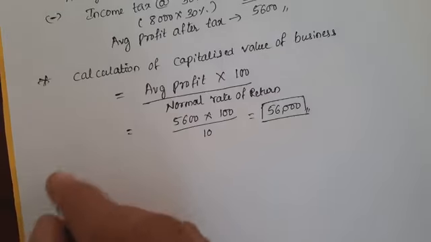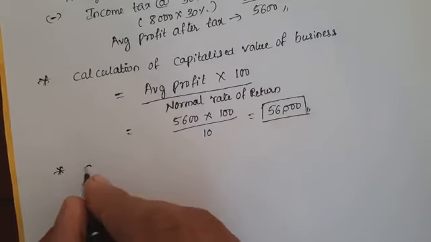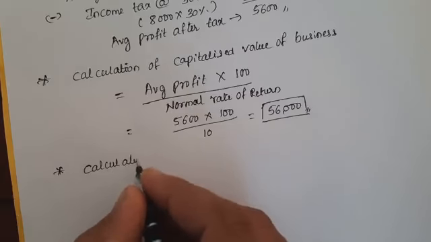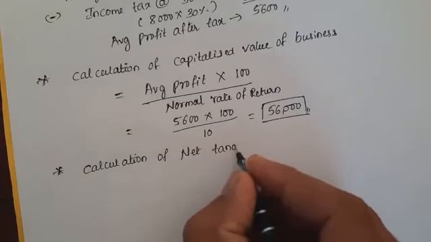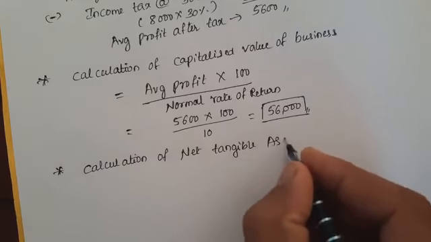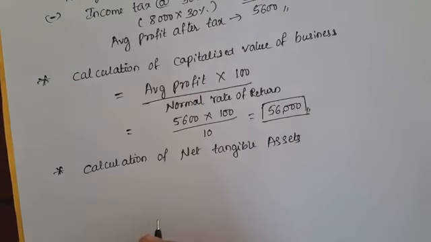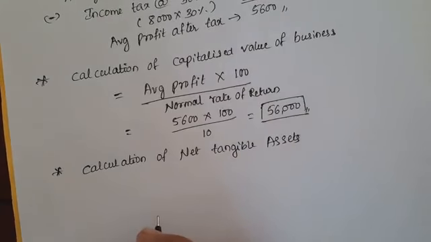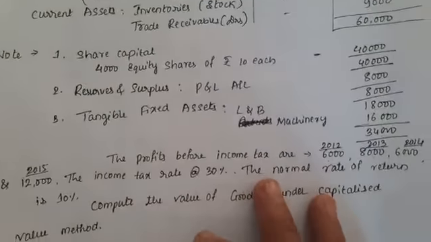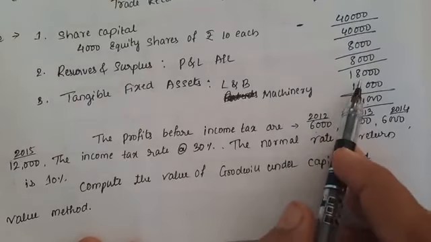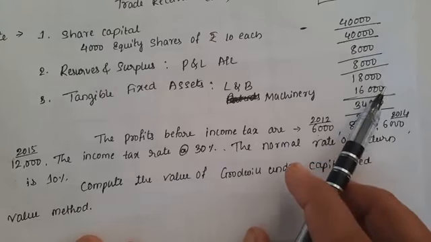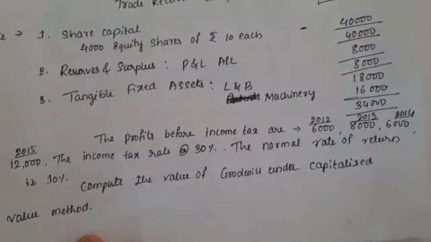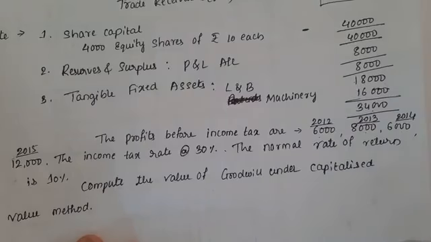Then the third one is the calculation of net tangible assets. In this problem, the tangible fixed assets are land and building 18,000 and machinery 16,000.